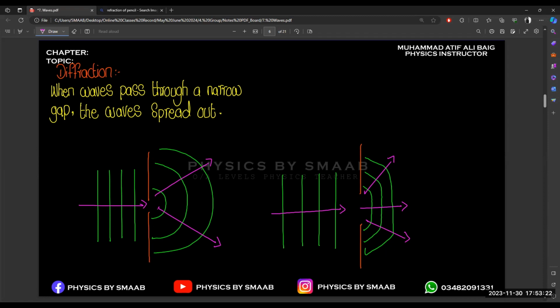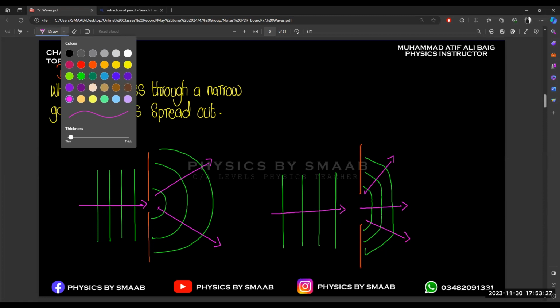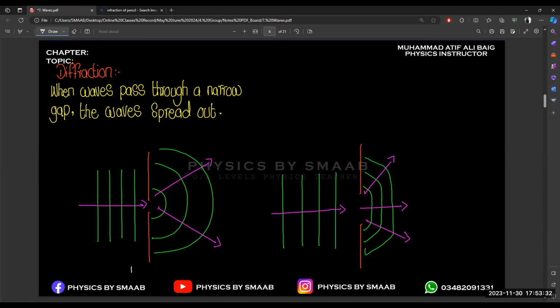And there are two important things. Let's suppose we talk about the first diagram, like this one. This is our first figure, and this is our second. In the first figure, when waves pass through this gap, your wavelength will be greater than the gap size, because we know the gap size is already very short.